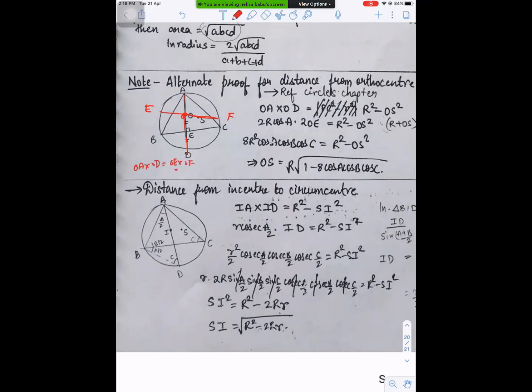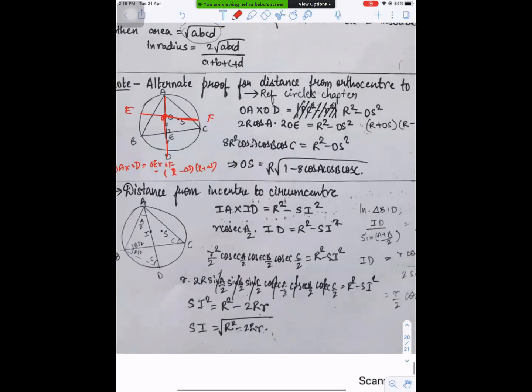As OE means what? Circumradius minus OS, and OF means circumradius plus OS, which is exactly equal to R square minus OS square. Here OA means orthocenter distance, it is 2R cos A. OD distance is exactly the same, as D is the image of O in this side, I write it is 2 OE.